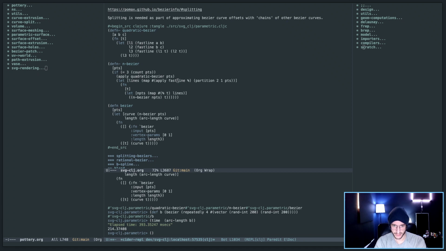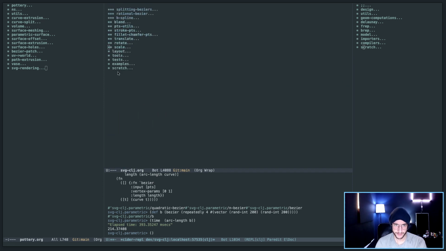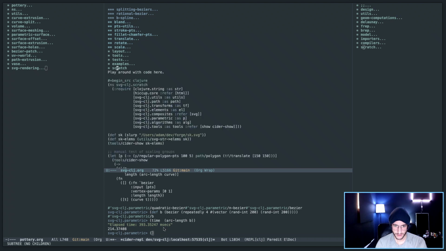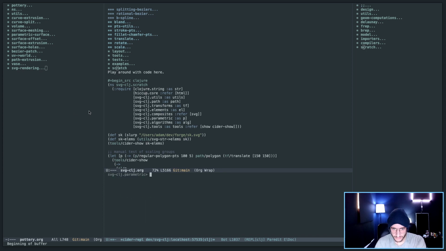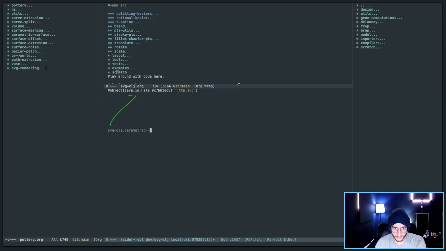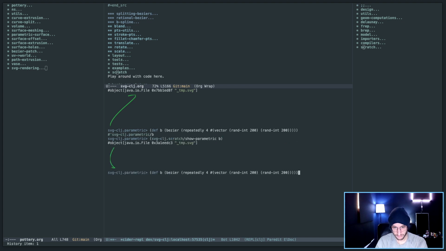Oh, it's in Scratch. This one was way slower, interestingly.